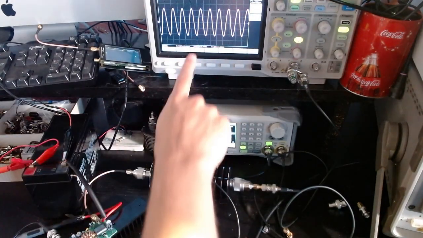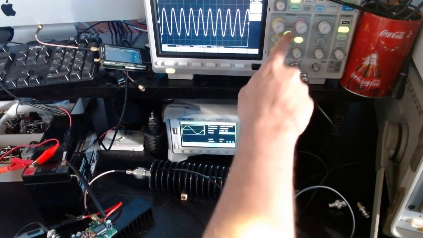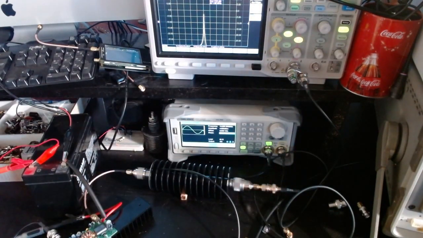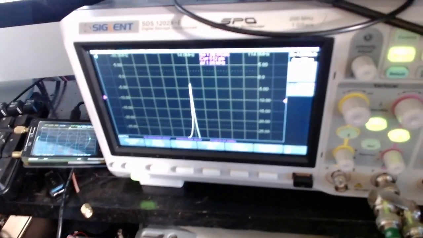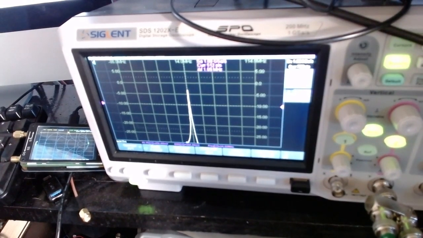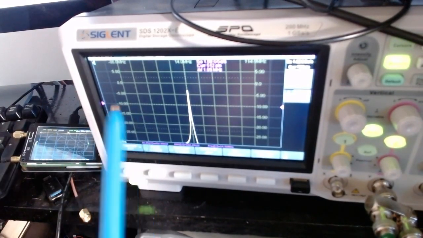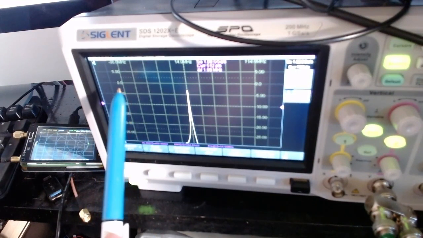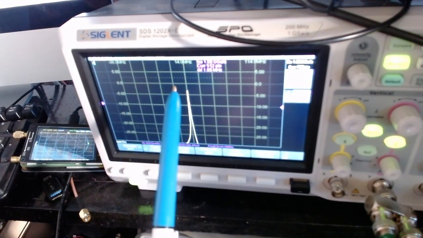And so now I'm getting a signal, and if I look at the FFT, let me try to zoom there. Hopefully you can see we have 5 dB per division, and so we are at minus 3.